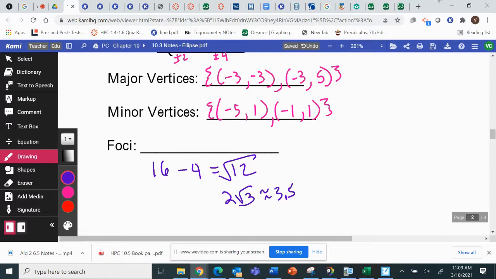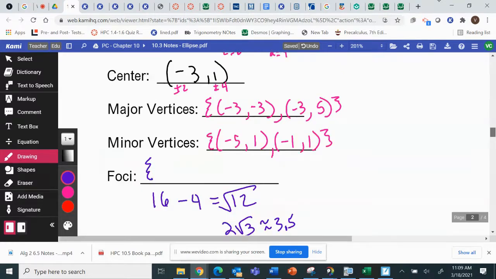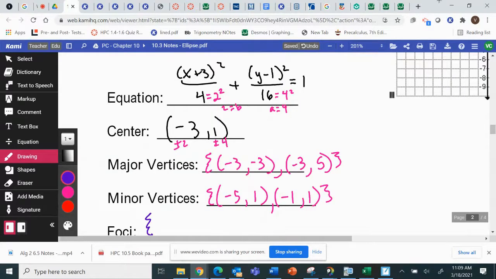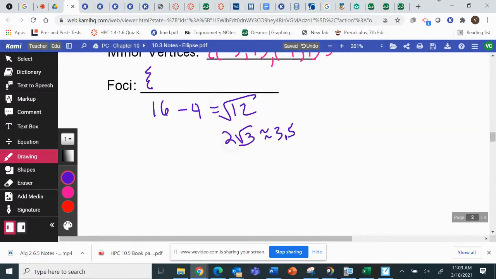Good. So our foci, because our ellipse is longer vertically, I will take that 2 square root 3 and add it onto the vertical part of the center. Plus or minus 2 square root 3 onto that 1. So I will have -3, 1 minus 2 square root 3, and -3, 1 plus 2 square root 3.